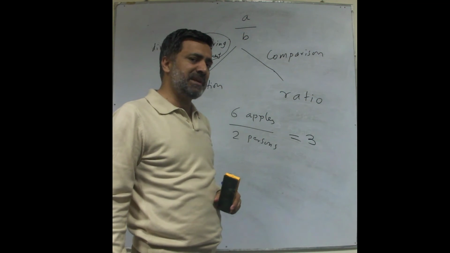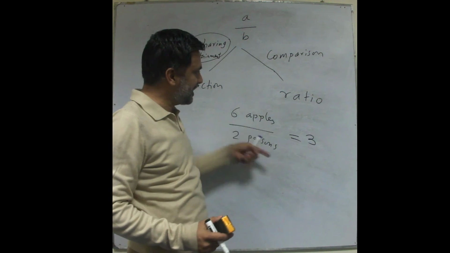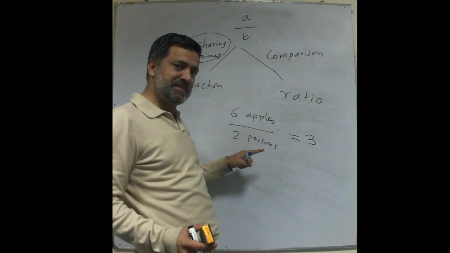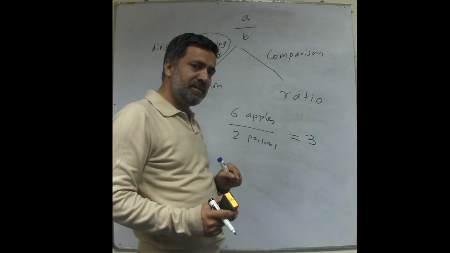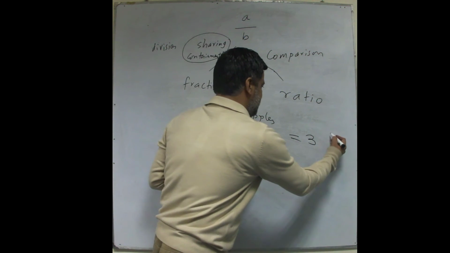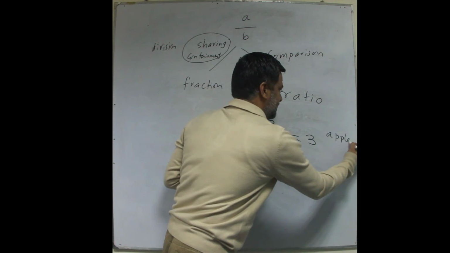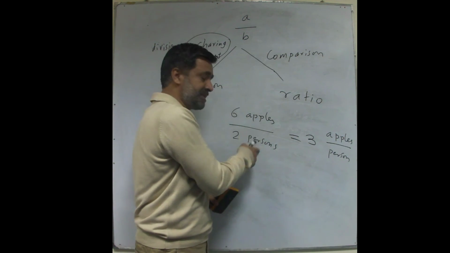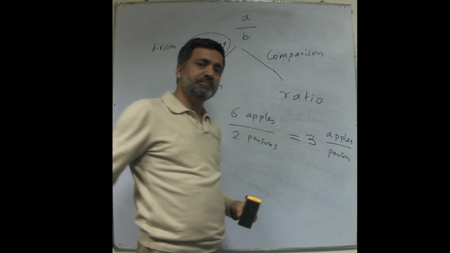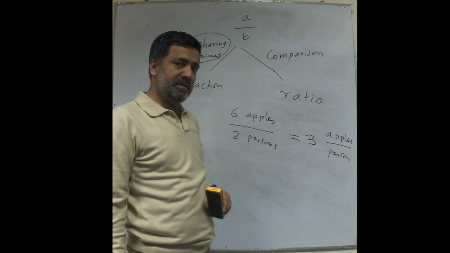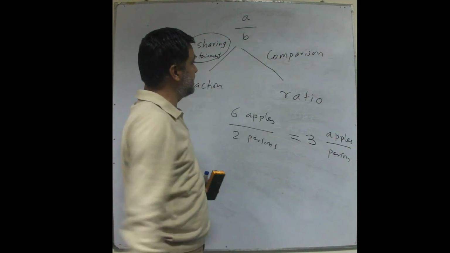That 3 is not a pure number. Because this is a ratio, a comparison of apples and persons, this 3 is in fact a ratio. So it is apples per person, because you cannot lose this ratio. And this is why I was avoiding this in the beginning, because this concept is quite advanced.